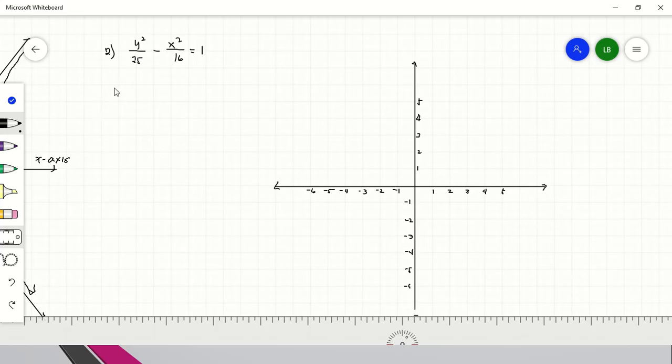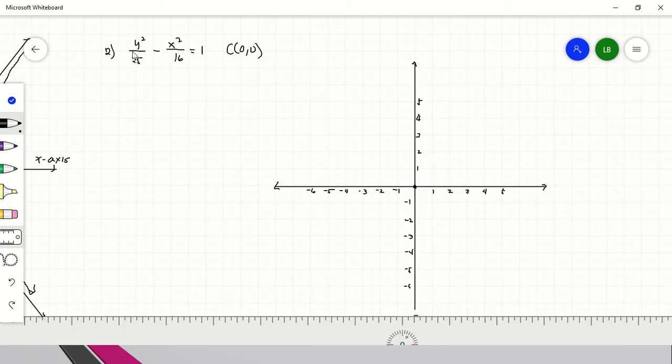So, sa number 2, so the squared variable y is positive. So, alam natin na ang hyperbola ay opens upward or downward, and the center is 0, 0.